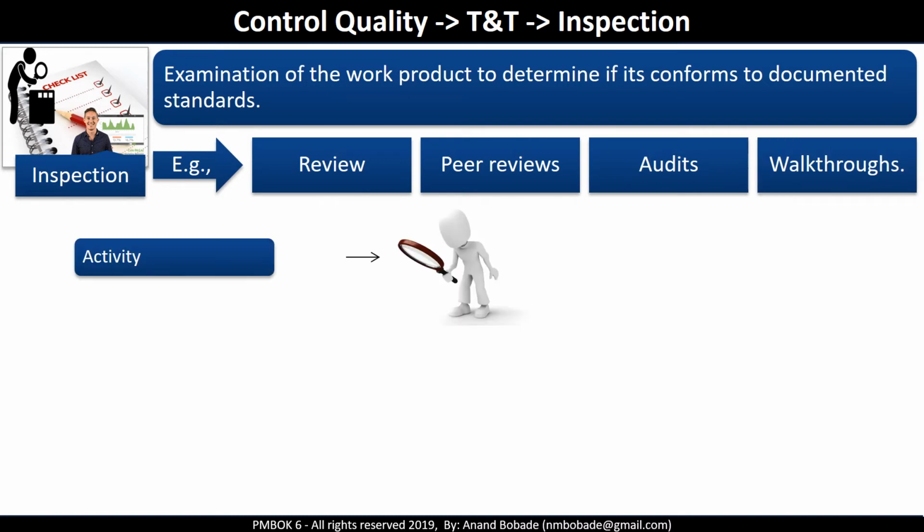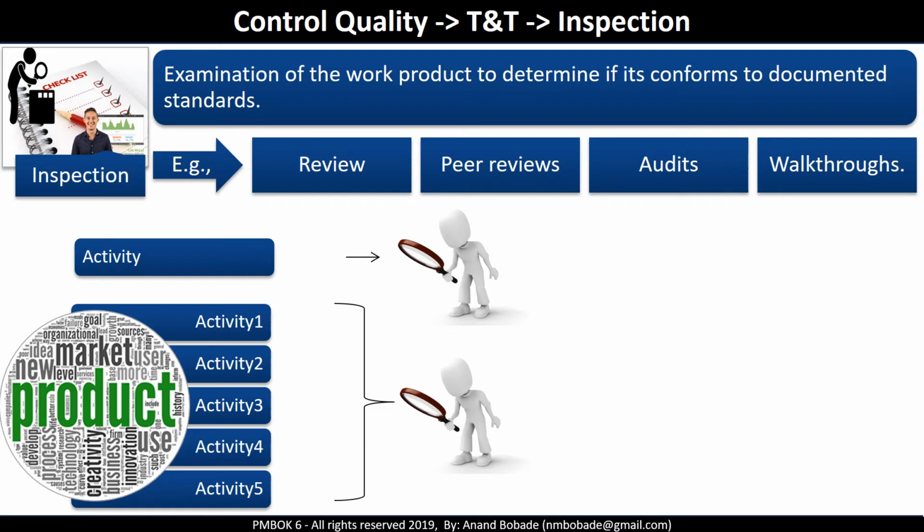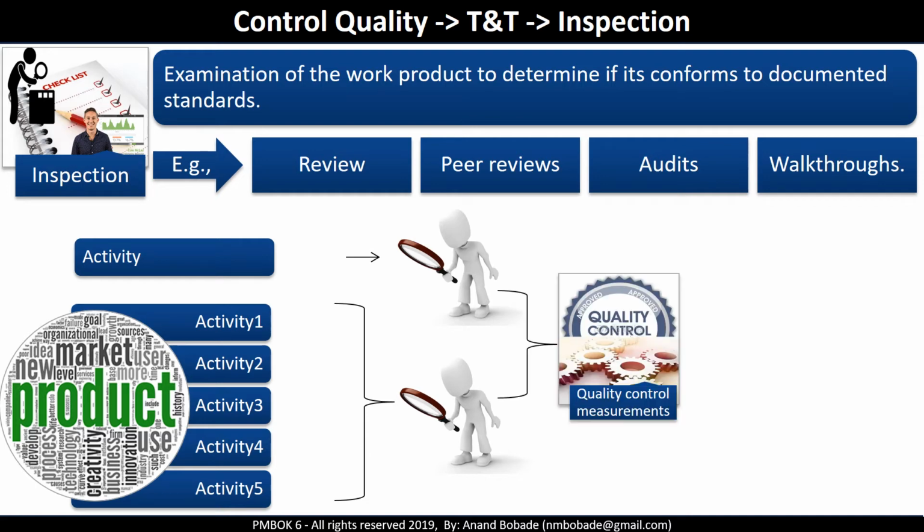Inspection can be a result of an individual activity, so an individual activity can also be inspected, or at the end, it can be an inspection of the final product of the project. In both cases, it results in quality control measurements. So these are the outputs of your inspection. Inspections are also used to validate defect repairs.